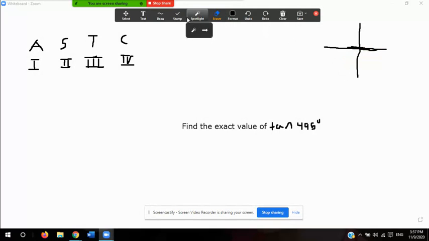So the first thing I want to do is draw that so that I know what I'm going to be using. So let's change the color real quick. Again, we're assuming that it's in standard position, so that means that our initial side is here. The second thing that we are going to do, ladies and gentlemen, is to find the reference angle.